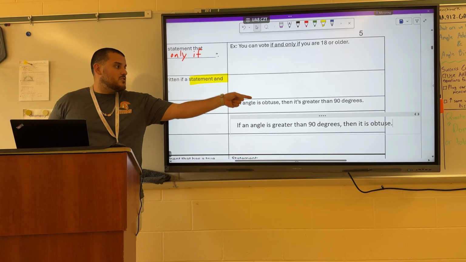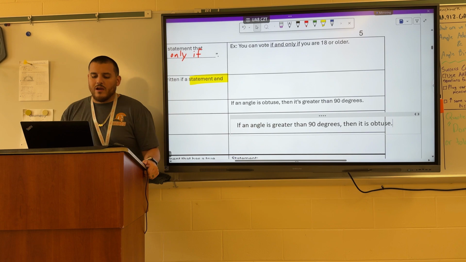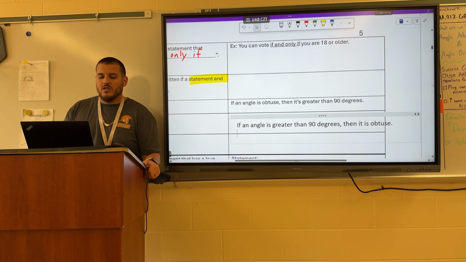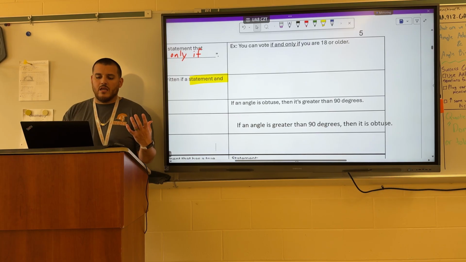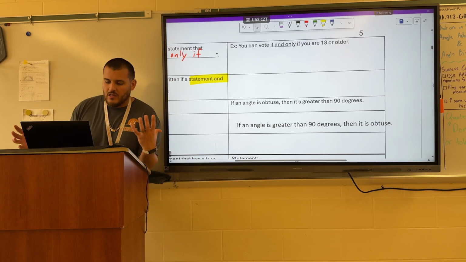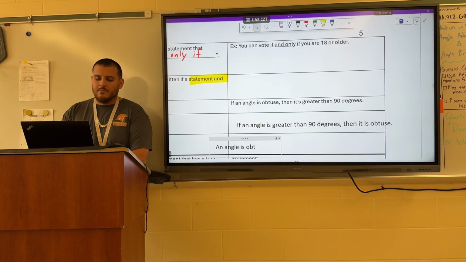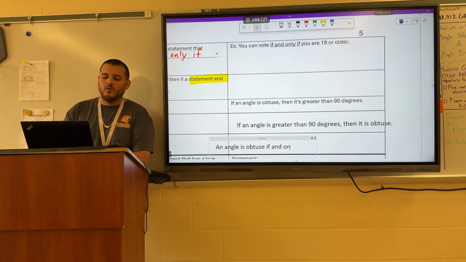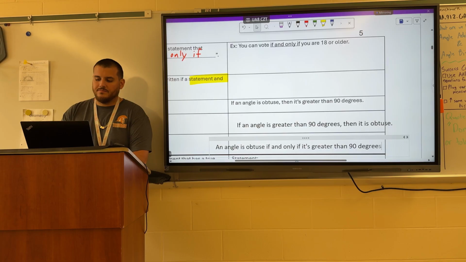So because the original statement and its converse are both true, we can now write a biconditional statement, kind of combining both of these things into an accepted geometry fact, right? We say an angle is obtuse if and only if it's greater than 90 degrees.